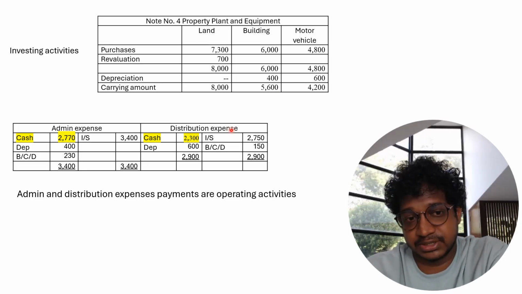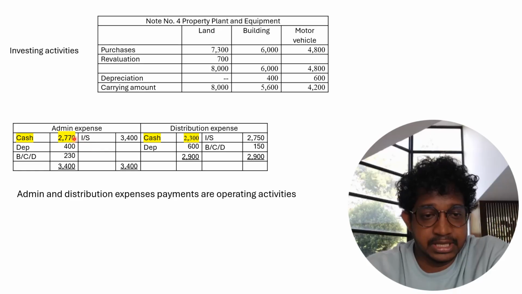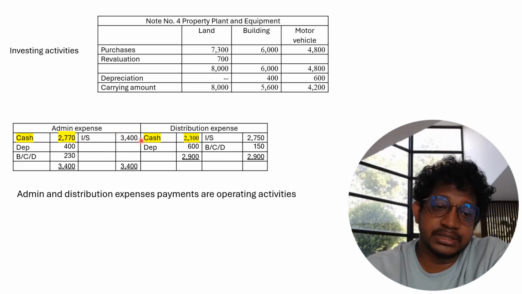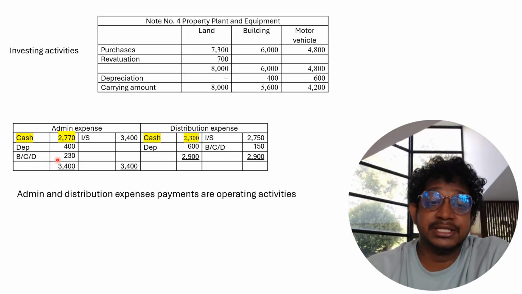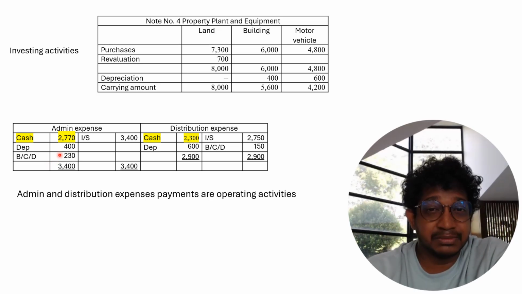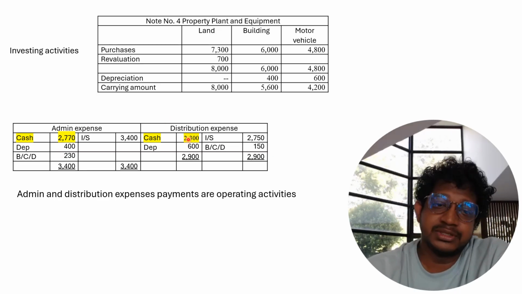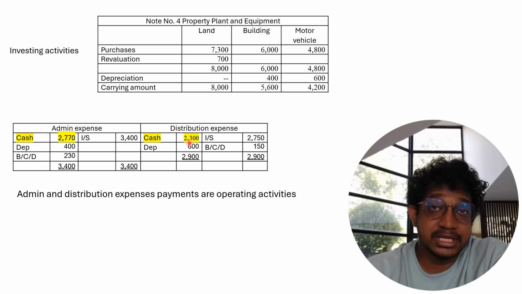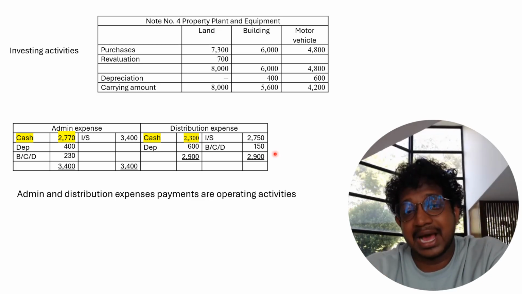under distribution expenses. And when it comes to the administration expenses, it says the total administration expense for the year is 3,400. From that, there is still payable as at the closing date 230, and the depreciation is 400. So which means the amount that you paid for the administration expenses is 2,770. And when it comes to distribution expenses, in the SOFP it says you paid more that is relevant for the next year, prepaid 150.